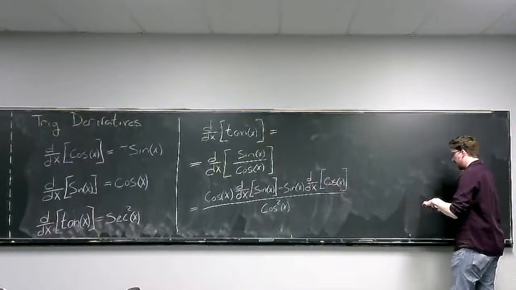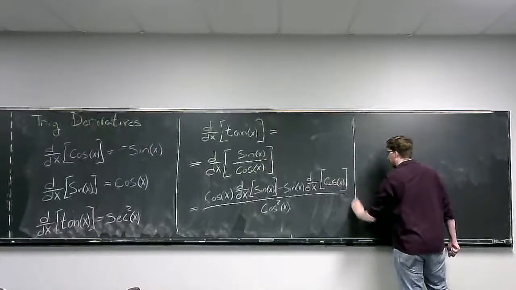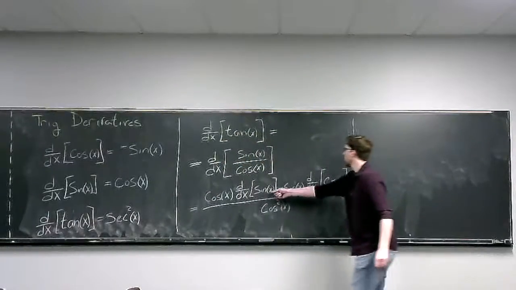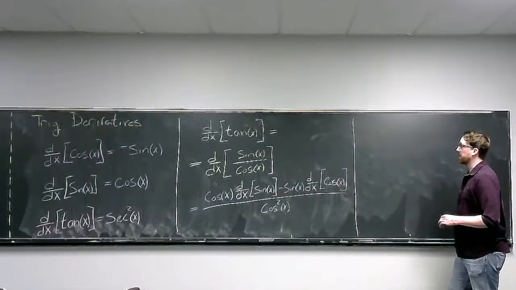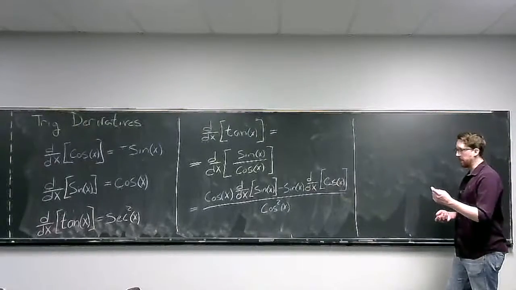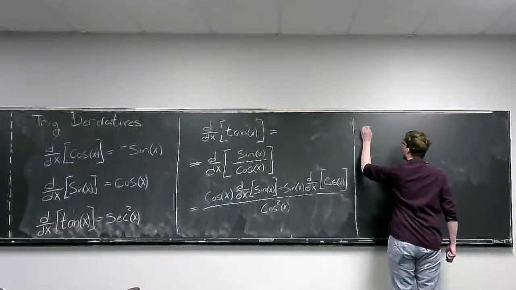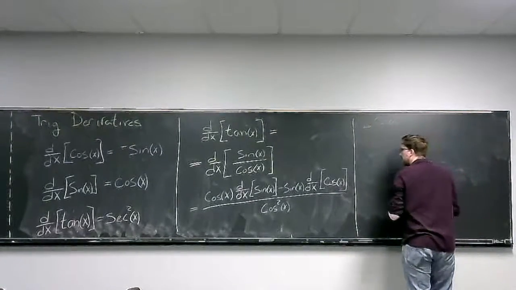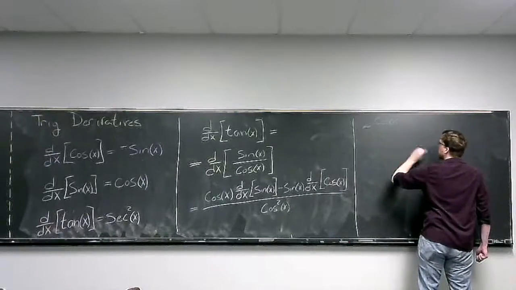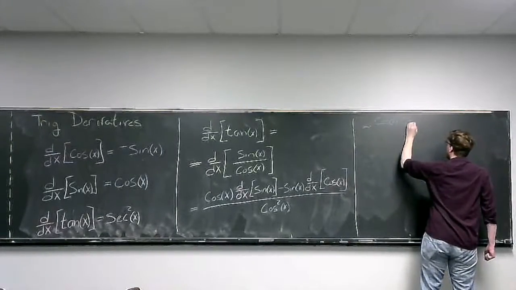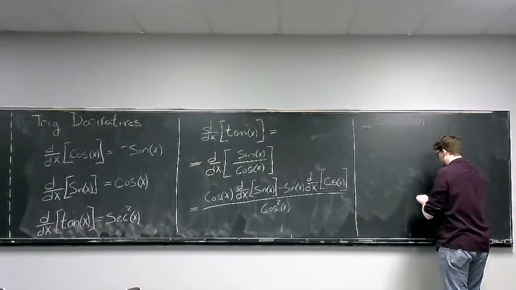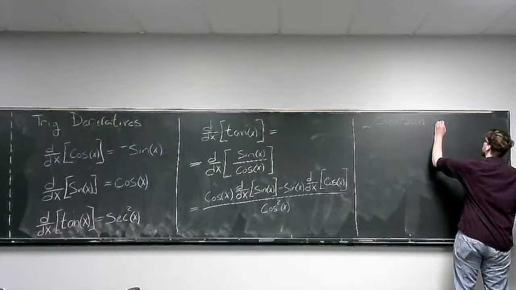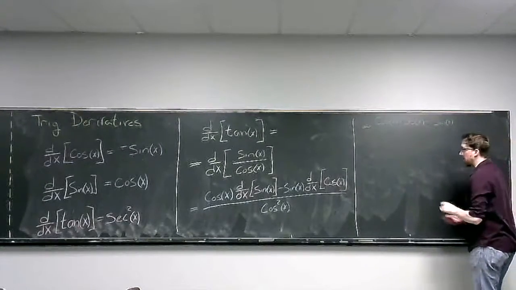Okay, now, we know from these two derivatives here what the derivative of sine of x is and what the derivative of cosine of x is. This is going to come out to be cosine of x times, well, that derivative is going to come out to be cosine of x, minus sine of x times the derivative of cosine of x.